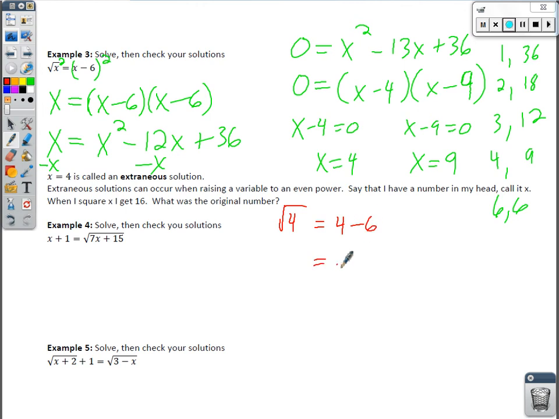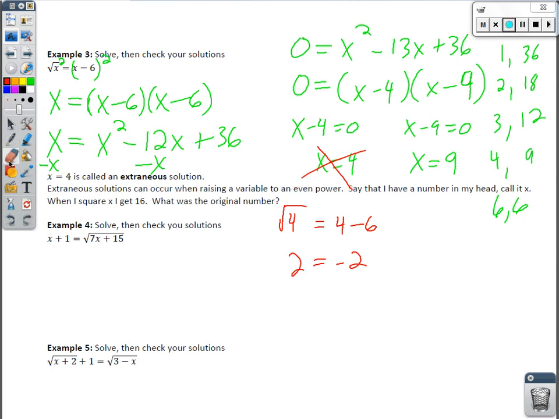On the right side, we get negative 2. On the left side, remember this is that business with the principal square root, that thing I lied to you about. This is the principal square root. It's only the positive root. So this is positive 2 equals negative 2. That is false. So that means x equals 4 is not actually a solution.